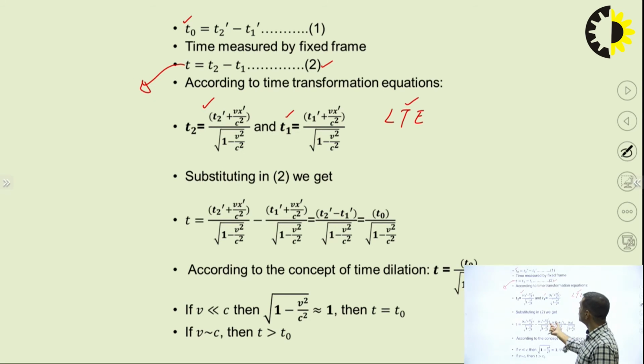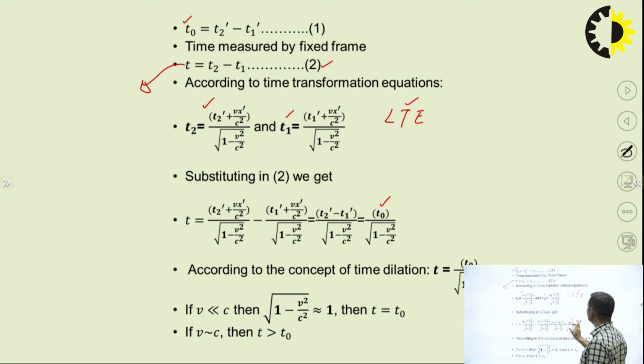Now if we put the values of T1 and T2 in equation 2, then after simplifying we will find the value of T in terms of T naught. The value of T will be T naught divided by root 1 minus V square upon C square. That is the relation between T and T naught.